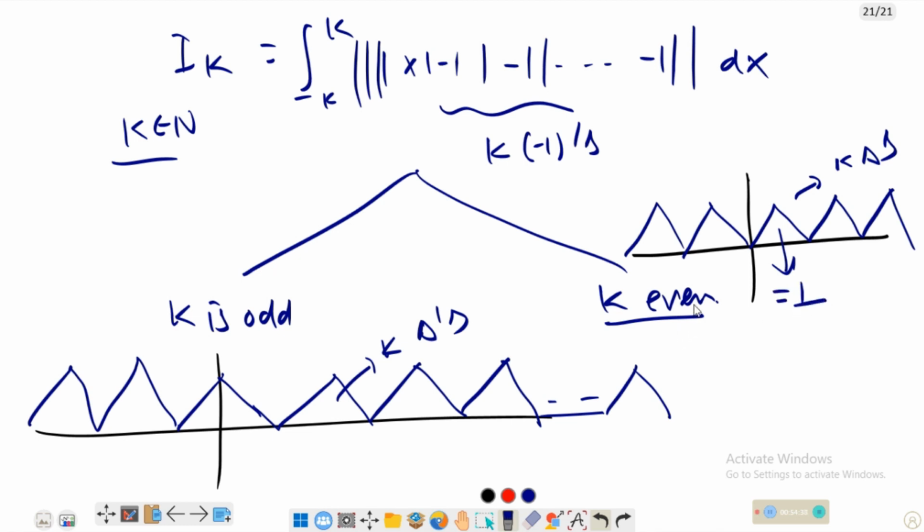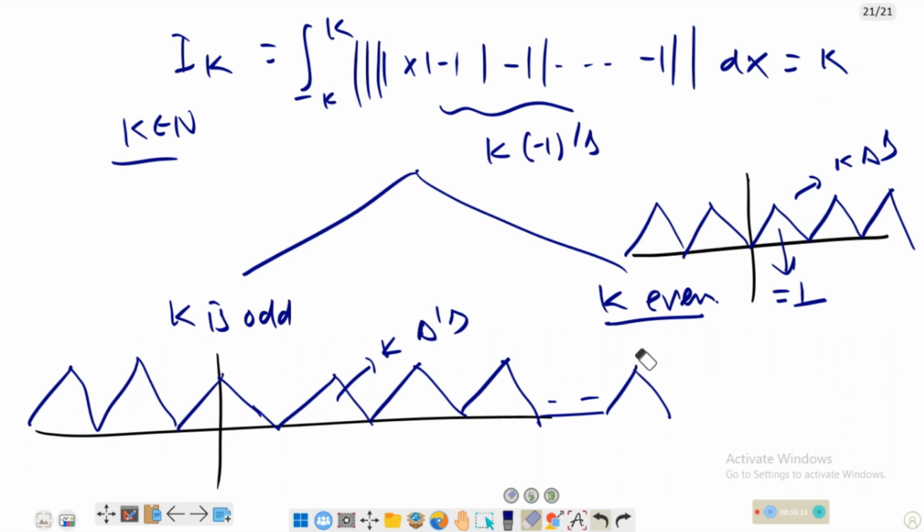So this quantity is equal to k, because the sum of the areas of the k triangles is equal to k. So this integral is equal to k. Either k is even or odd, ik is equal to k square units. But for this integral, there is no meaning of square unit.